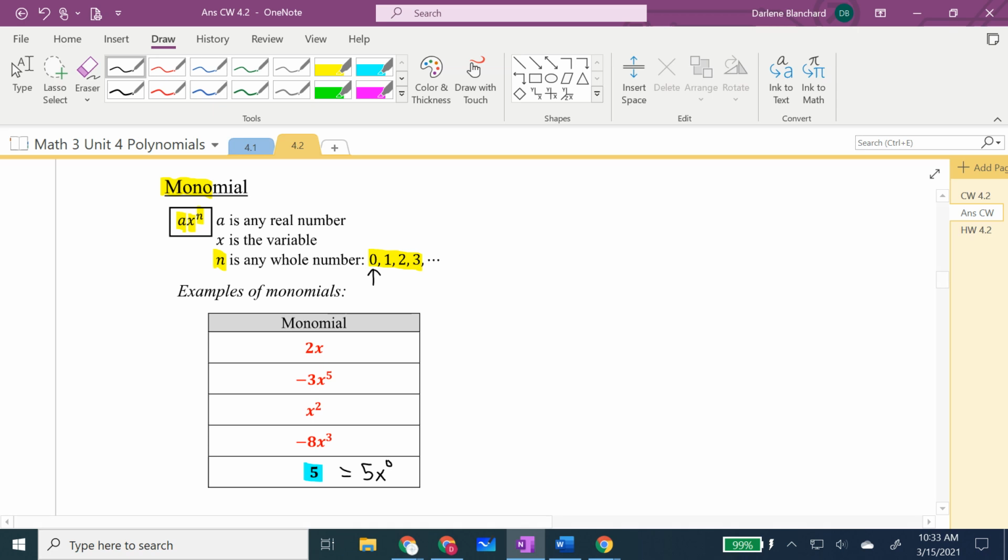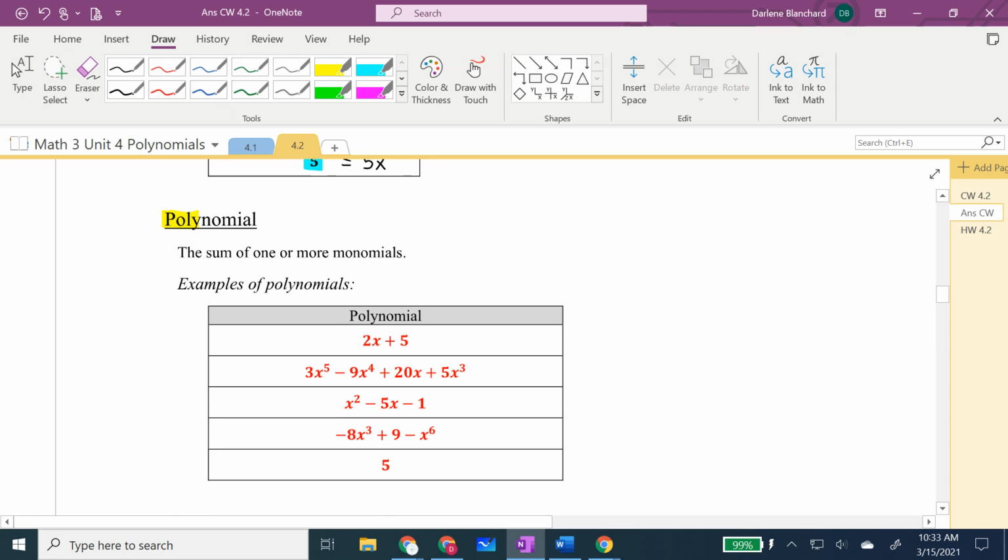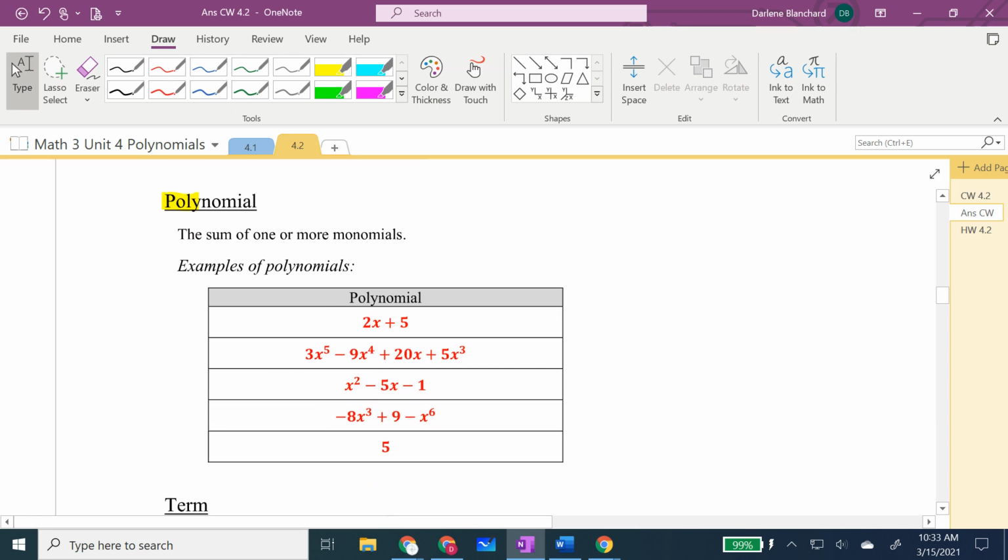But when that exponent is 0, you're getting just the number that's multiplied in front. So a polynomial is adding or subtracting any number of these terms. And here are a few examples of polynomials. And what I'm going to do is focus on these polynomials to make sure to clarify vocabulary words.